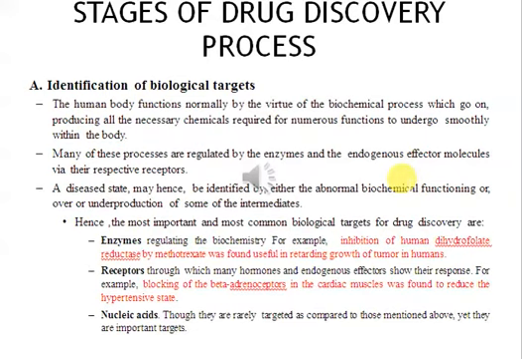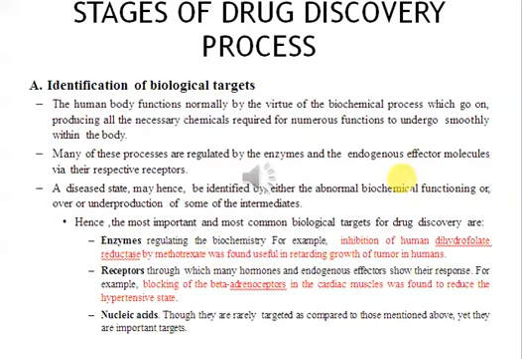So firstly, when we have to start the drug discovery process, we have to know for sure what is the site we have to target, where is the problem, right? Where the problem lies, there is our receptor, so we have to target that site where the problem is occurring, right?